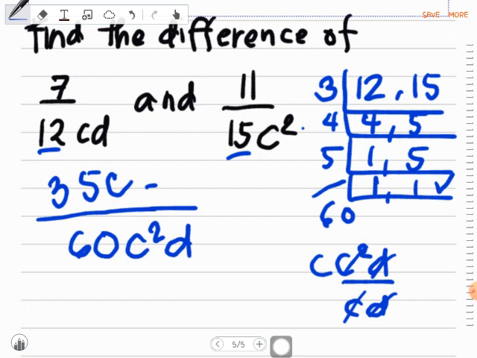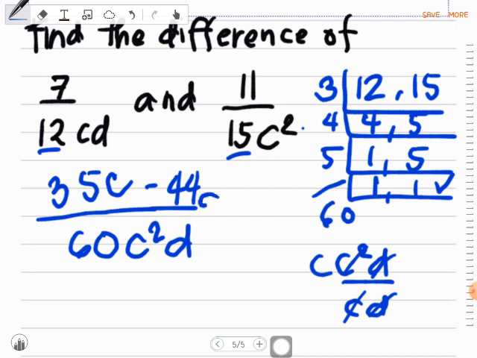Minus 60 divide 15 is 4. Times 11 is 44. Then, C squared D divide C squared. So, pwede ko nang i-cancel C squared.